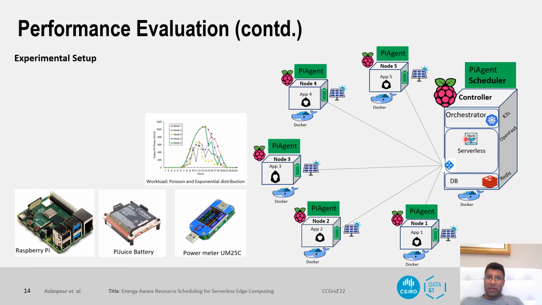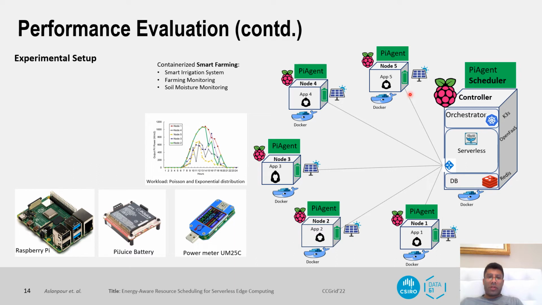The main part here is the Pi agent, which is the code we have developed, a Python code of around 5,000 lines that includes the workload generator, the monitoring, and also the scheduler. We have implemented different schedulers, including ours, to be run on this setup and be evaluated.